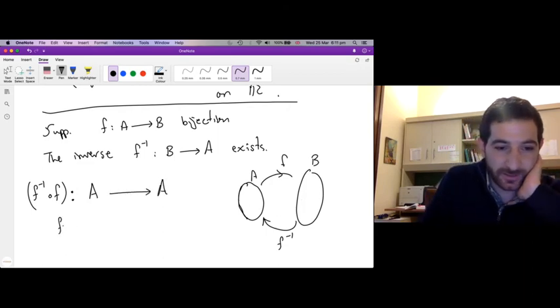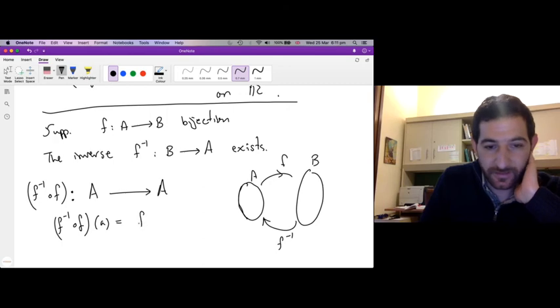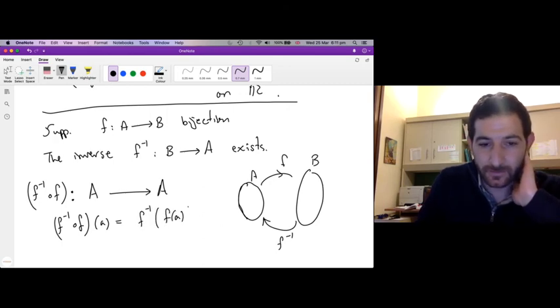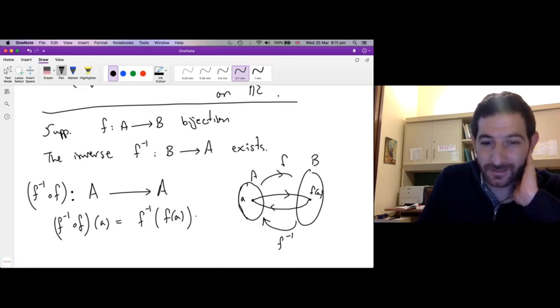Let's see what is f inverse composed with f applied to a. This is f inverse of f of a. So if this is a, then this is f of a. But we know f inverse of f of a is a.